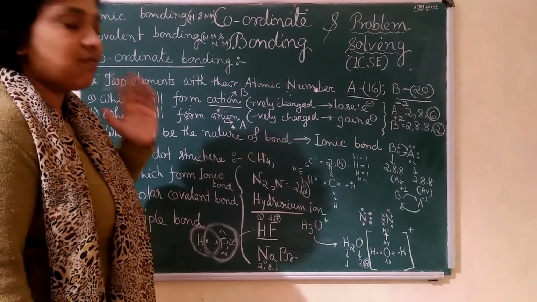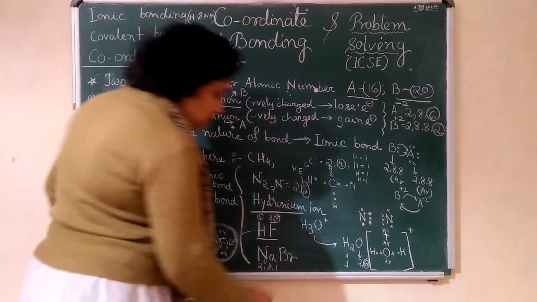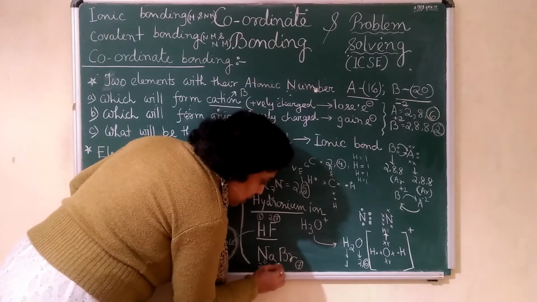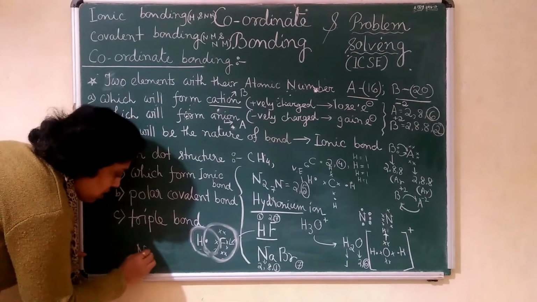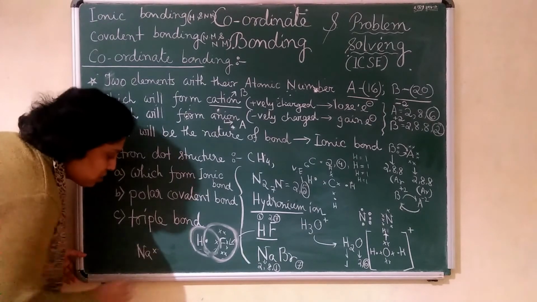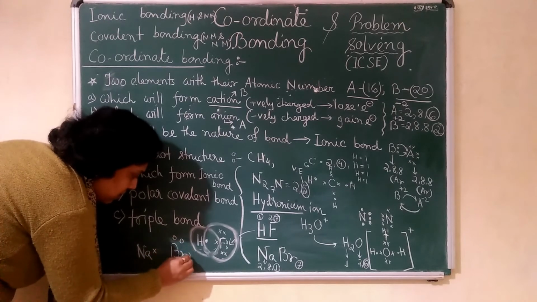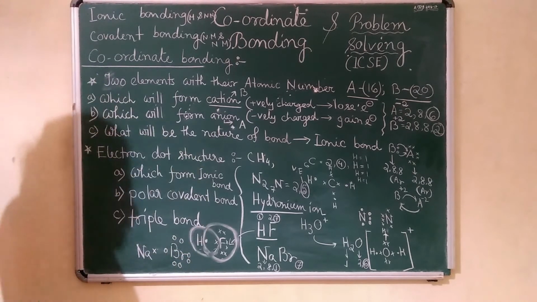All will have same valence electron. So bromine is also having 7 valence electron. This is 1 valence electron. So now draw this. Sodium valence electron is 1 and bromine valence electron is 7. That's all. Electron dot structure.